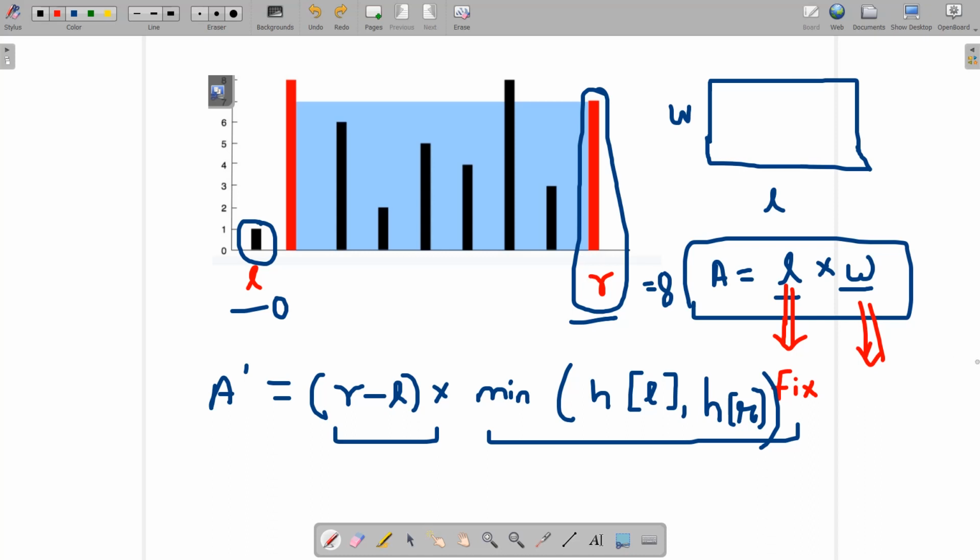Now we need to focus on the max W, right? So we need to find the maximum width such that we are able to form a rectangle, and the container will contain the most water in that rectangle. So that would be min of HL comma HR. That is the term we are using.